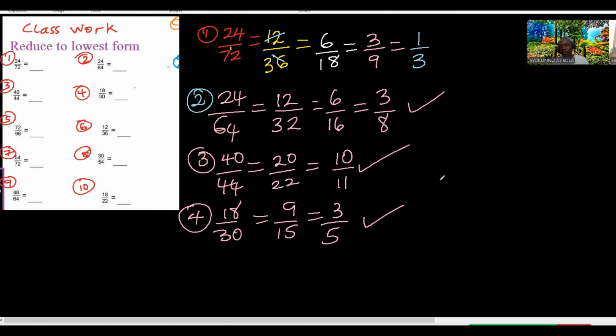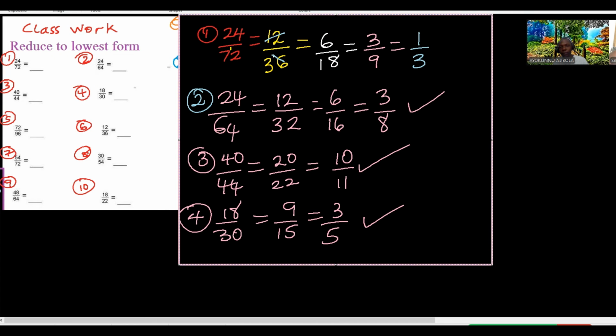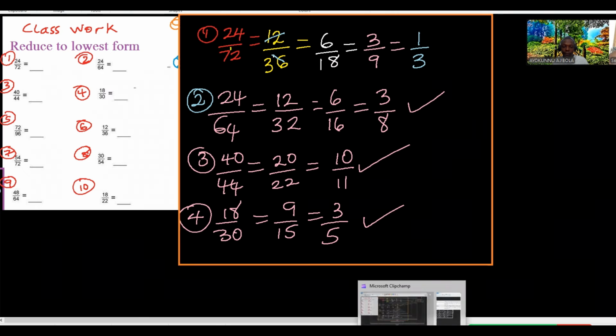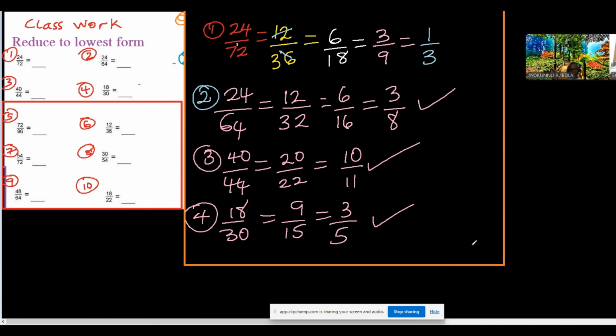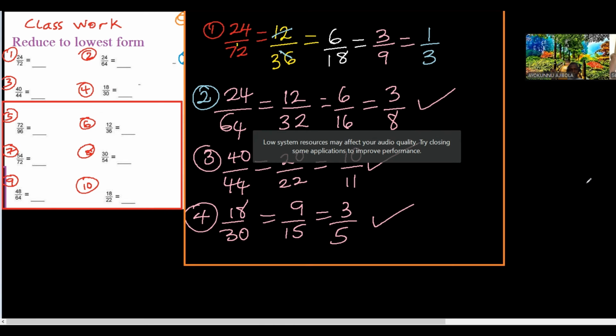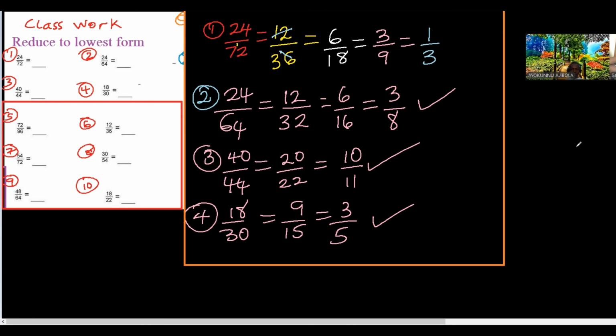Okay. So write down these examples, okay? Is that clear? Once you finish writing them, you let me know. I'll try to explain number 1 again. Can you explain number 1 again?